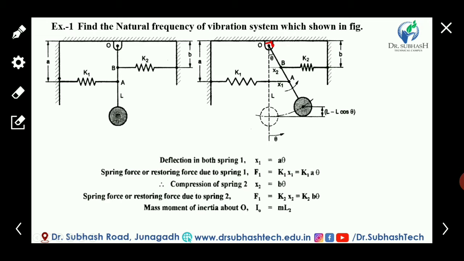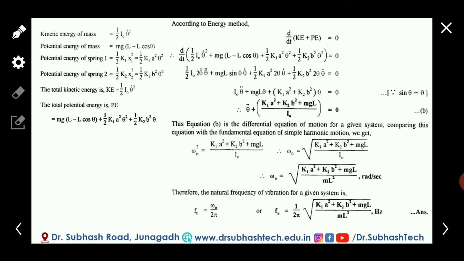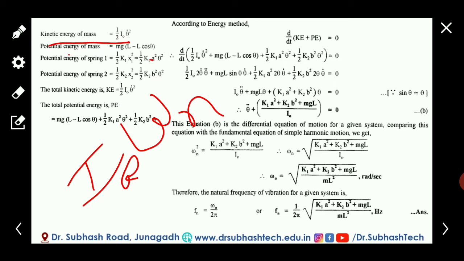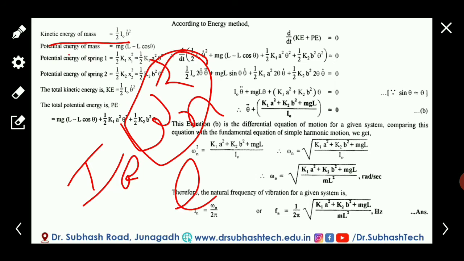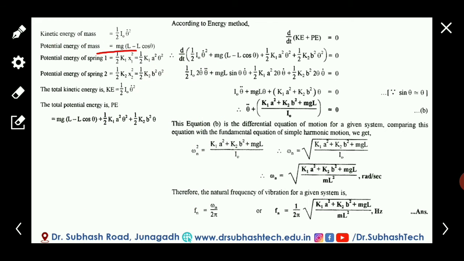Now we see the kinetic energy of the small mass. Kinetic energy of the small mass is 1/2 I_O omega_n square, and omega is defined by theta dot. So omega_n square is theta dot square, so 1/2 I_O theta dot square.